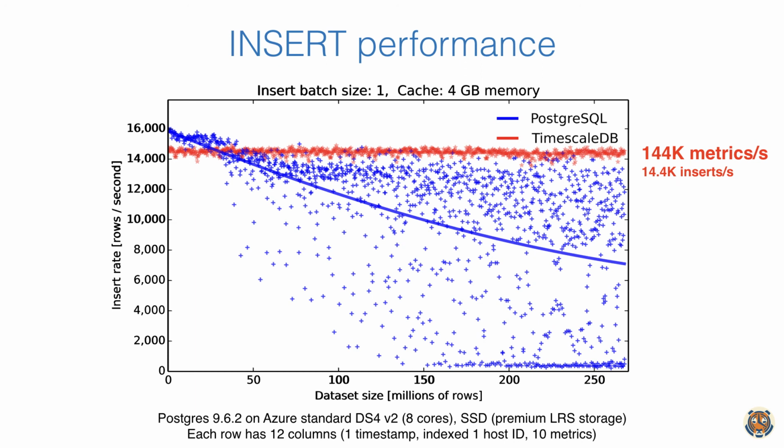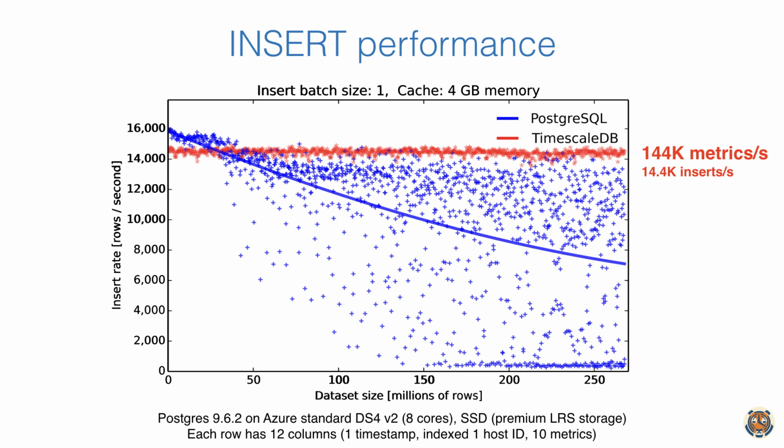And actual numbers for one row insert at a time: we support about 14,000 rows a second. In this benchmark, we have 10 metrics per row, so this translates to 144,000 metrics a second.